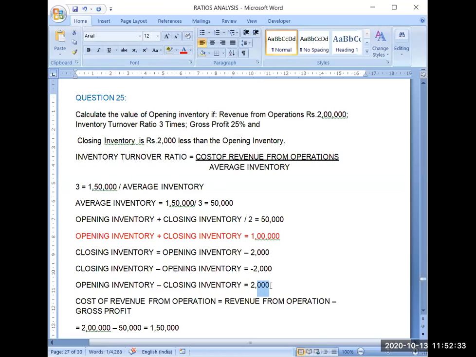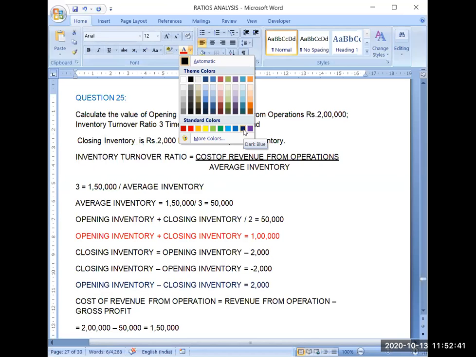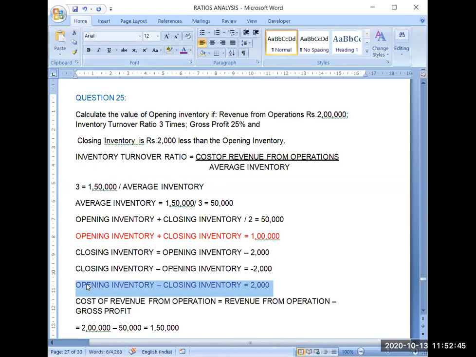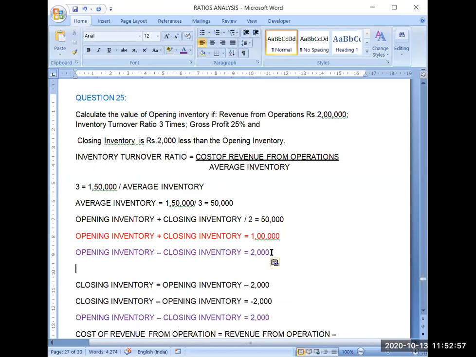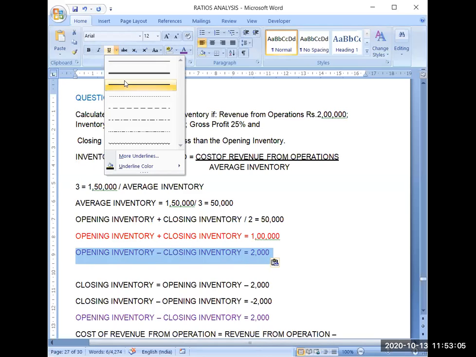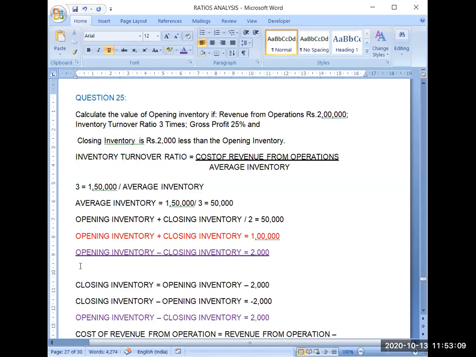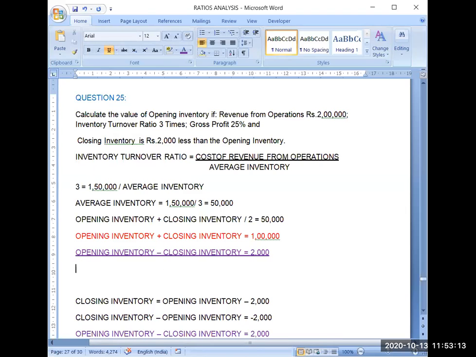And another equation is this. So if I put this equation here and I solve these equations, then you can see if I add them up, it will become 2 opening inventory, and this closing inventory was in addition and this was in subtraction.